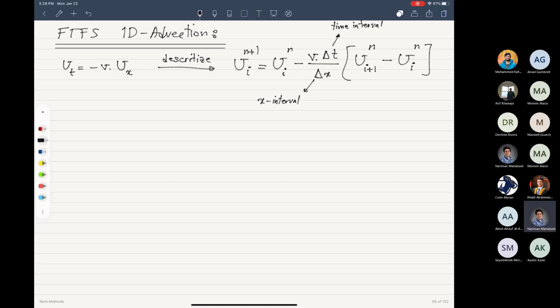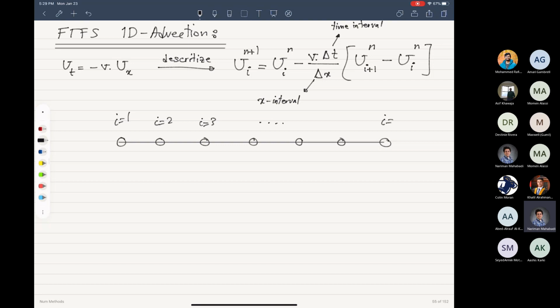Okay, so let's see how this works on a discretized grid, or grid points, right? So I have some initial condition. Let's say this is my 1D system, right? I have only x, there is no y or z. So I discretize this 1D system into a finite number of points. So let's say this is i1, i2, i3, and so on, right?